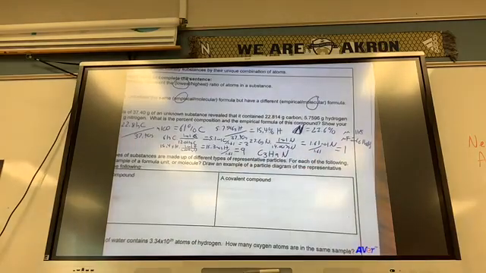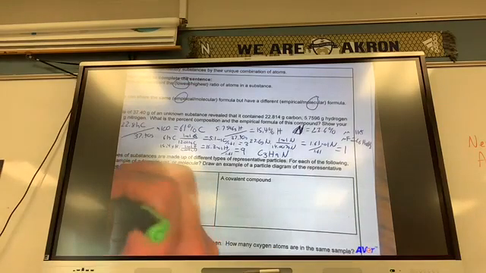Different types of substances are made up of different types of particles. For each of the following, is this an example of a formula unit or a molecule? Draw an example of a particle diagram of the representative particle. So, an ionic compound, is this a formula unit or a molecule? It's a formula unit. Why?